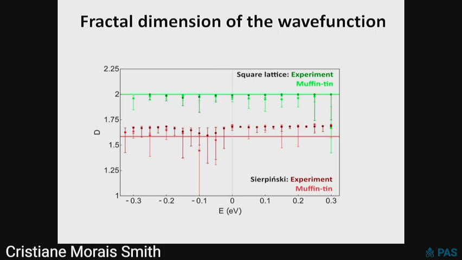You can do it for all the energies, and you see the red dots are around 1.6, well below the 2 dimensions when you have a square lattice. Okay, so we can build fractals, which are not infinite generation, as mathematicians would tell us, just finite generation. And still the quantum particles there know that they are at fractional dimensions.